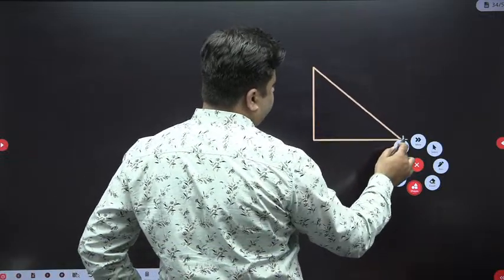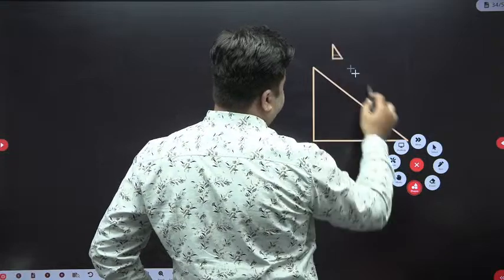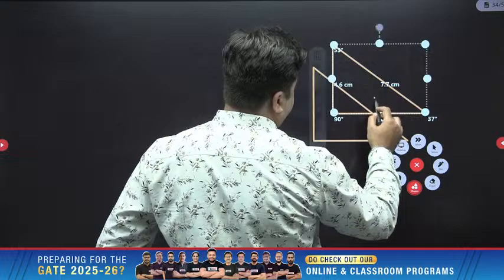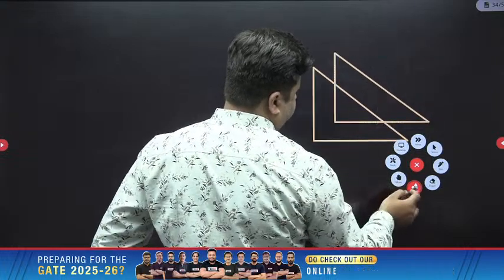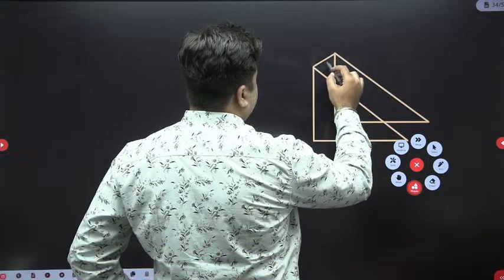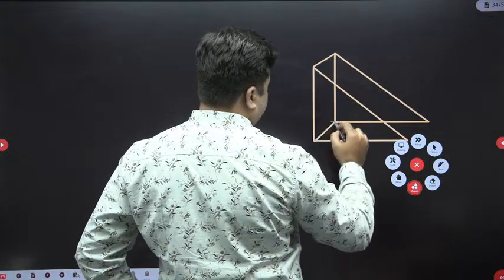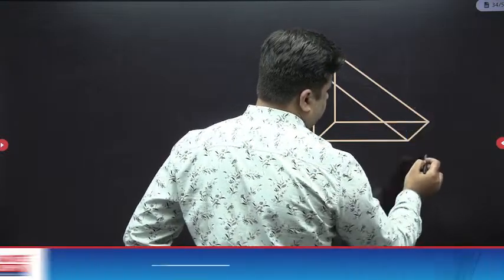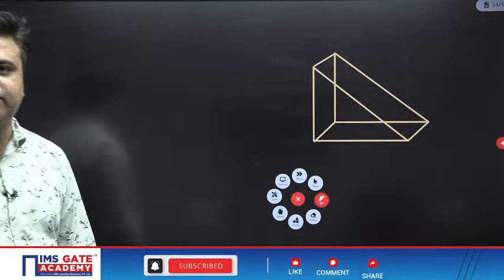This is our plane lamina. Can you see this plane lamina, right?